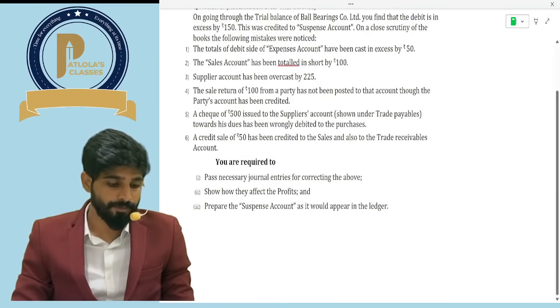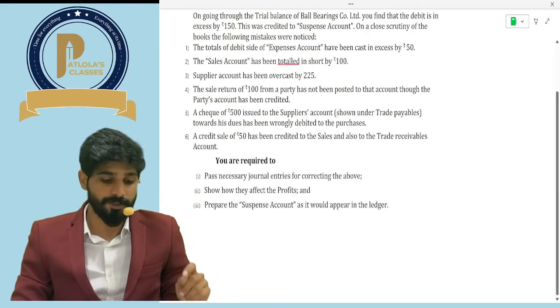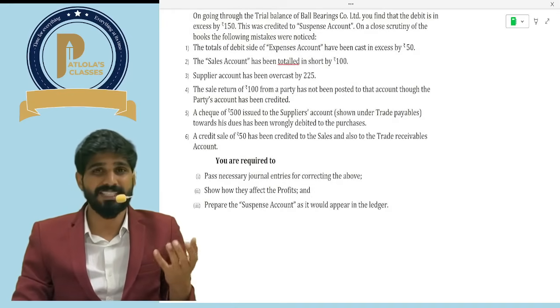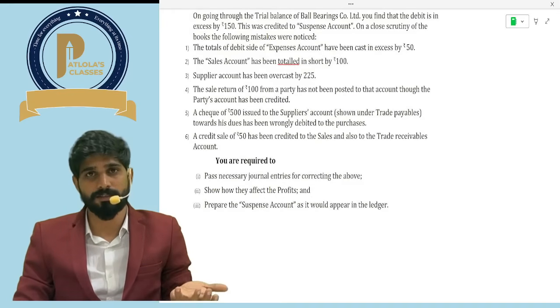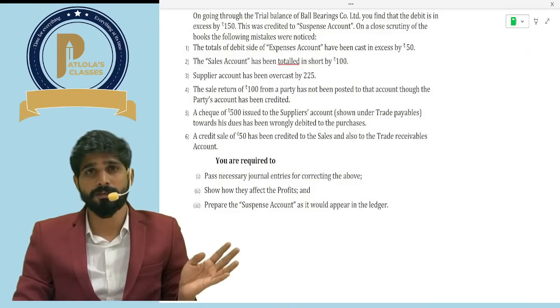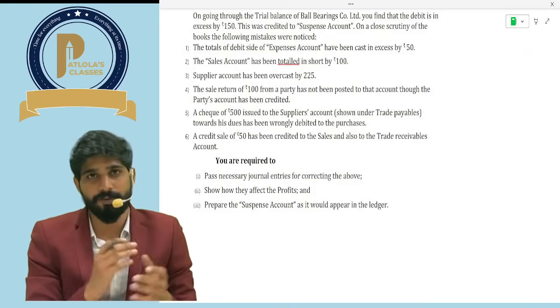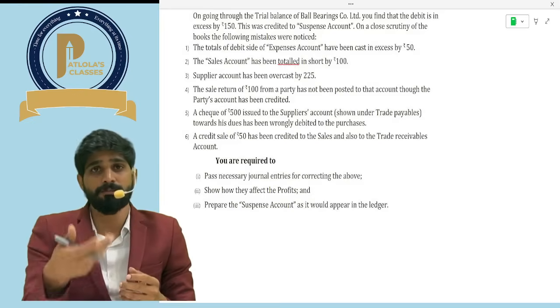What is the first one? The total of debit side of expenses has been cast in excess by 50. Debit side is more in the sense debit side is taken more, so trial balance will not tally. Debit side is more, suspense will have a credit balance of 50 because you have taken debit side more.